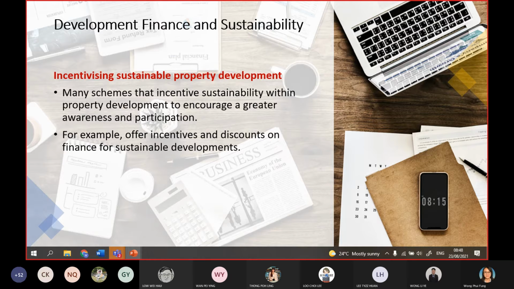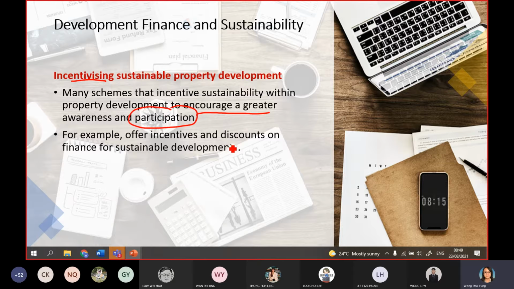Okay. Then the second thing is to give incentives. Incentivize sustainable property development. Many schemes incentivize sustainability within property development to encourage greater awareness and participation.